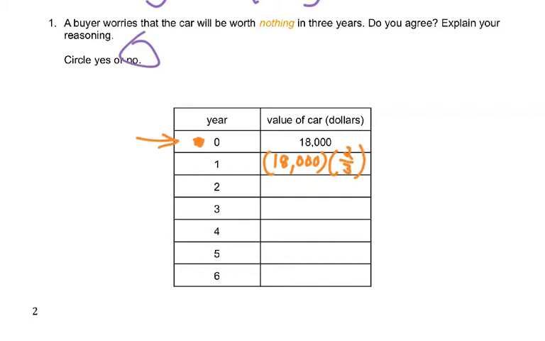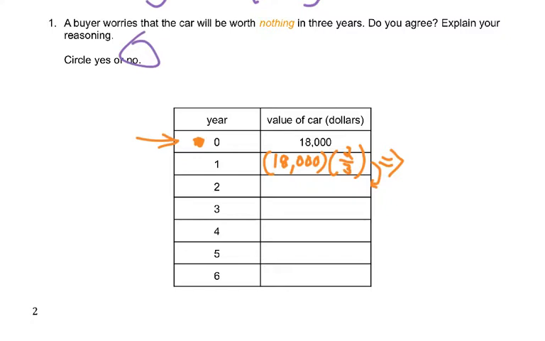Okay, that's in year 1. Well, now remember, every year I have to multiply it by another 2/3. So if I were to use a calculator right now, I'd put in 18,000 and multiply that by 2/3.